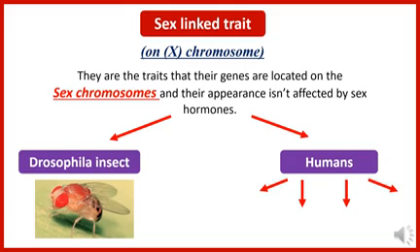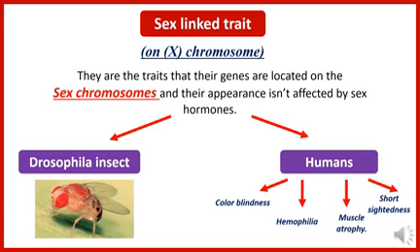The first one is colorblindness, the inability to differentiate between different colors. The second one is hemophilia, which is the liquefaction of blood. The third is muscle atrophy, which means weakness of muscle. And finally, short-sightedness.